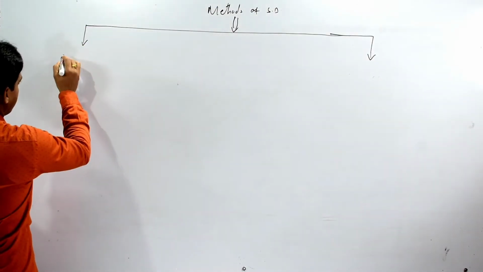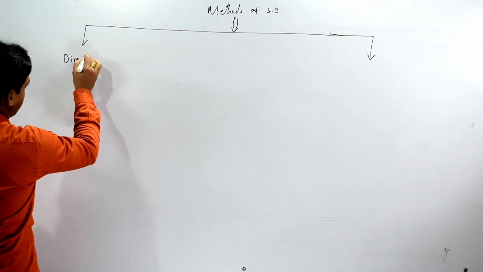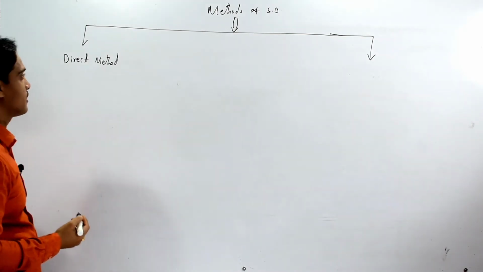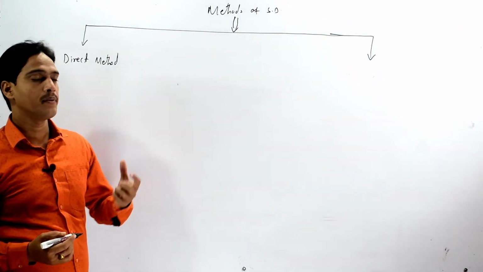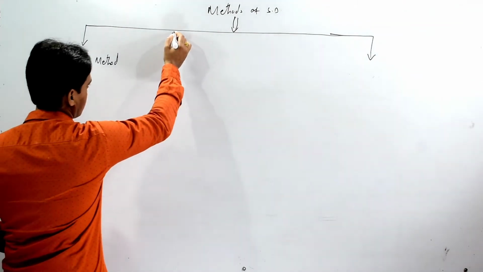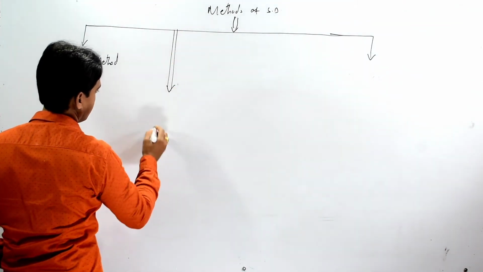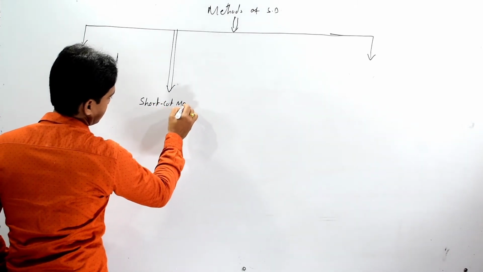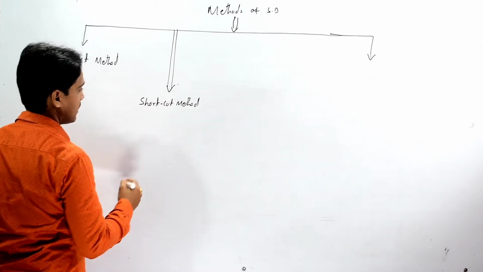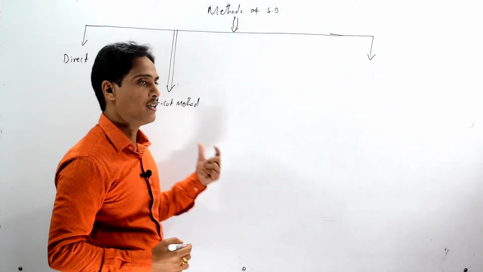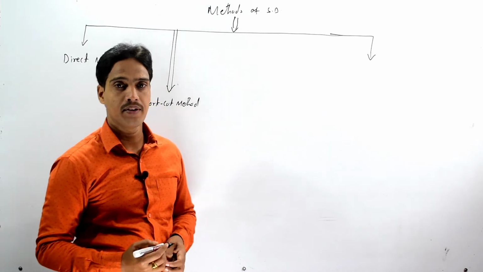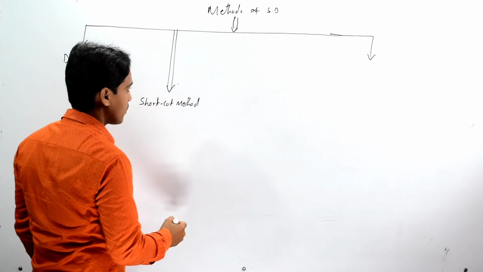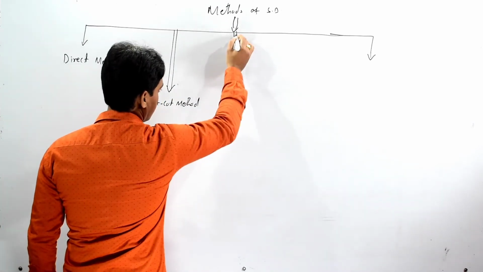The first is the direct method, where we consider the direct variables or given variables of a series or distribution. The second is the shortcut method, otherwise known as assumed mean method. Here we consider the deviations taken from the assumed mean for computing standard deviation.